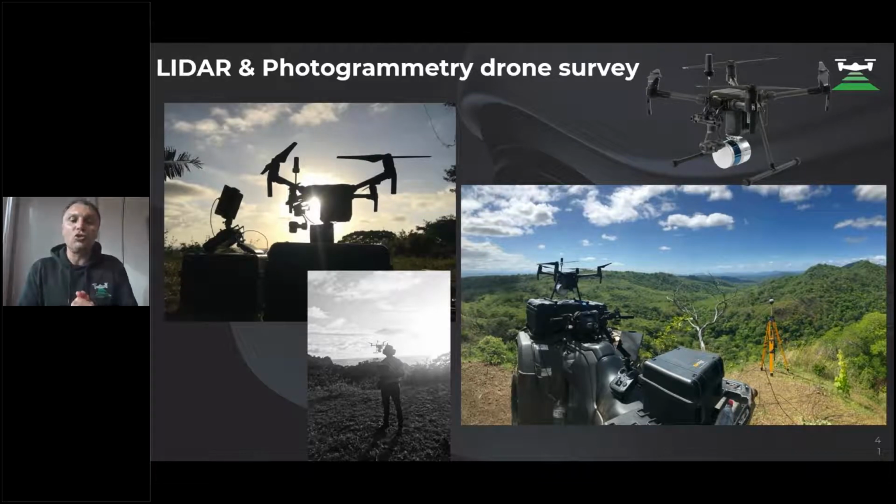And I would like to show you data processing of the LiDAR on the project which was made by our customer from Costa Rica. He used Matrice 200 with the LiDAR and with X4S camera. And the X4S camera is connected to the LiDAR as well to synchronize it and to capture coordinates of each image.